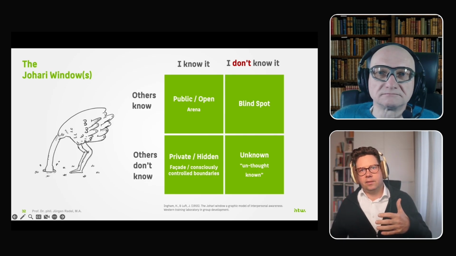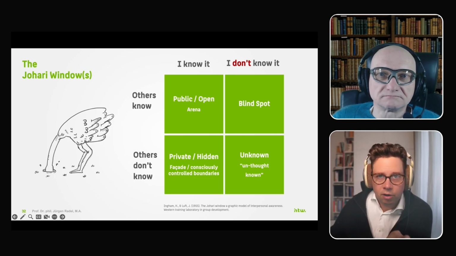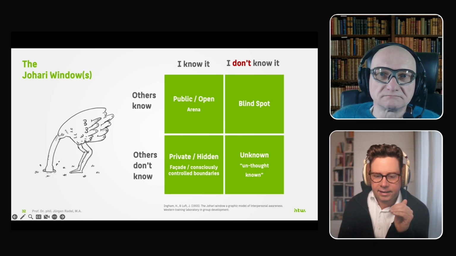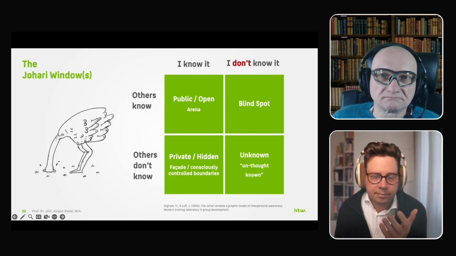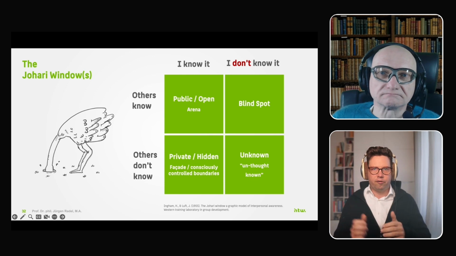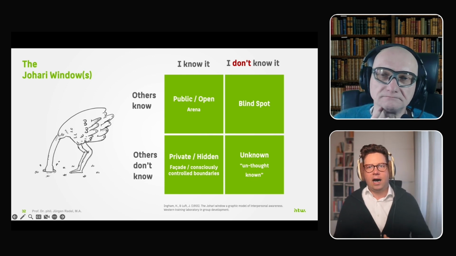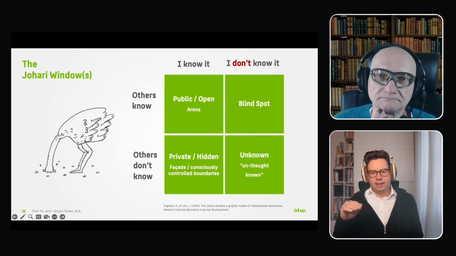Then there is this area, the blind spot. Others know it, others are aware of it, but you are not aware of it. And that is where feedback comes into play. Sometimes it's not called feedback, it's called input. So you get input from others about yourself, how they perceive you. And we could talk a lot about feedback.